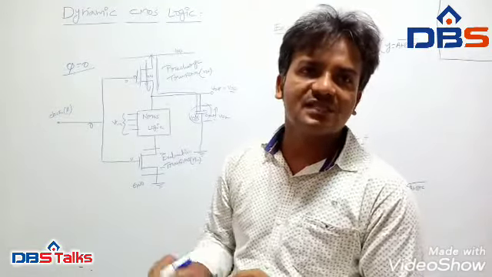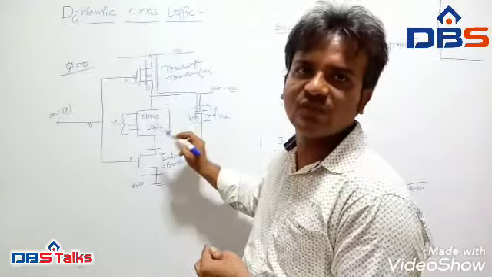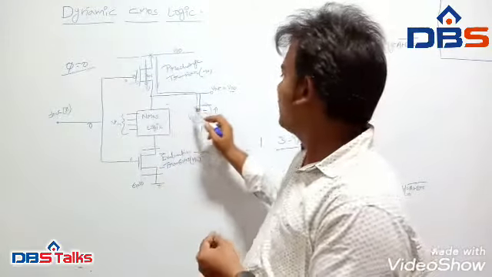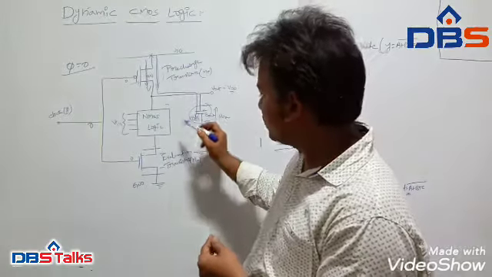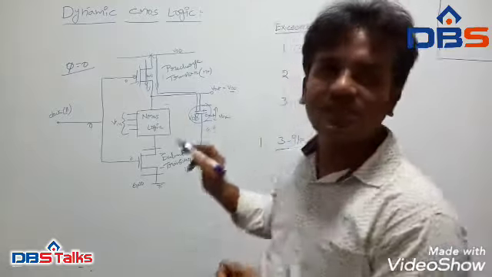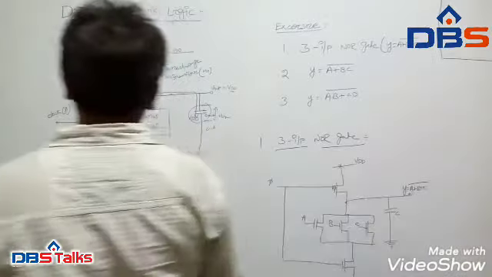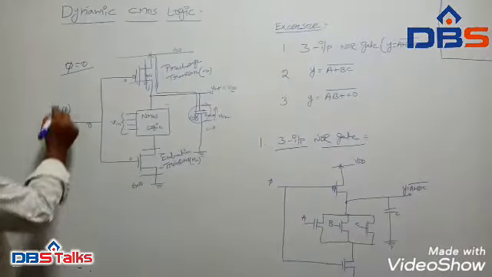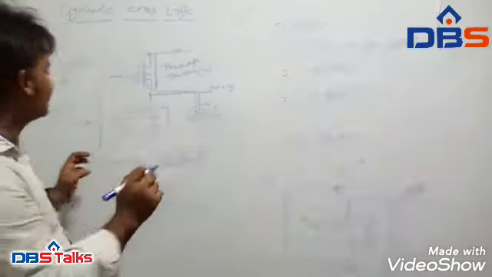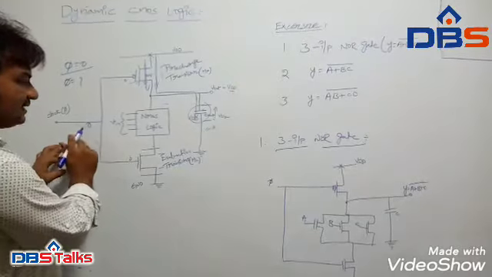The logic block acts like a closed switch that can discharge through the logic array and the evaluation transistor, and then Cout is equal to 0. So case 2 is phi equal to 1.